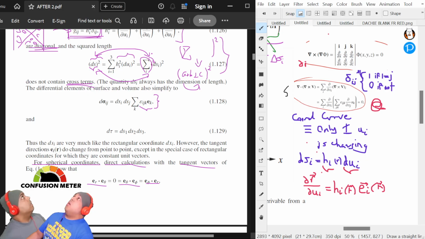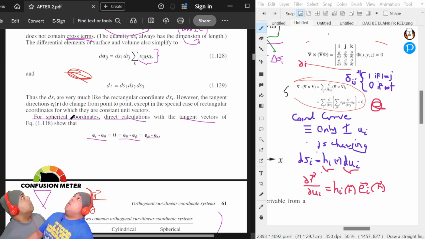Thus the dsi are very much like rectangular ones. However, the tangent directions ei of r do change from point to point, except in the special case of rectangular coordinates. For spherical coordinates, direct calculations with tangent vectors show that they are all orthogonal.